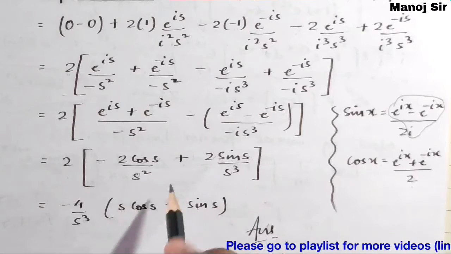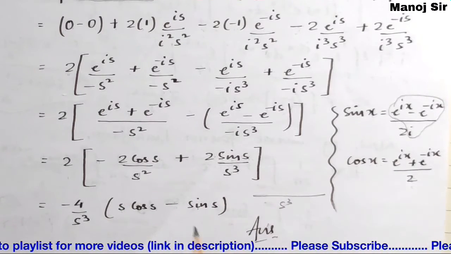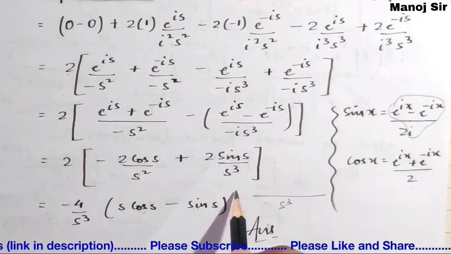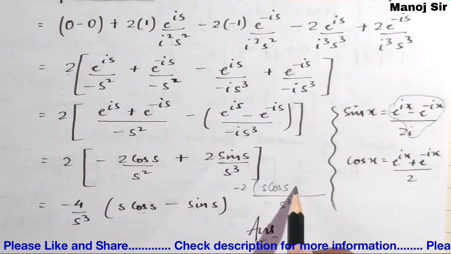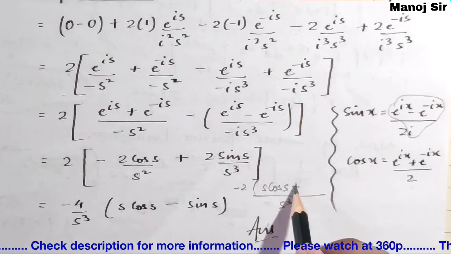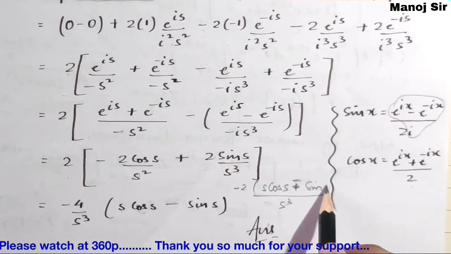Or you can say, if you take the LCM, this is going to be s cubed. Here we have taken minus 2 common, so here we have s into cos s, plus sin s. Since we have taken negative common, we have minus of sin s.